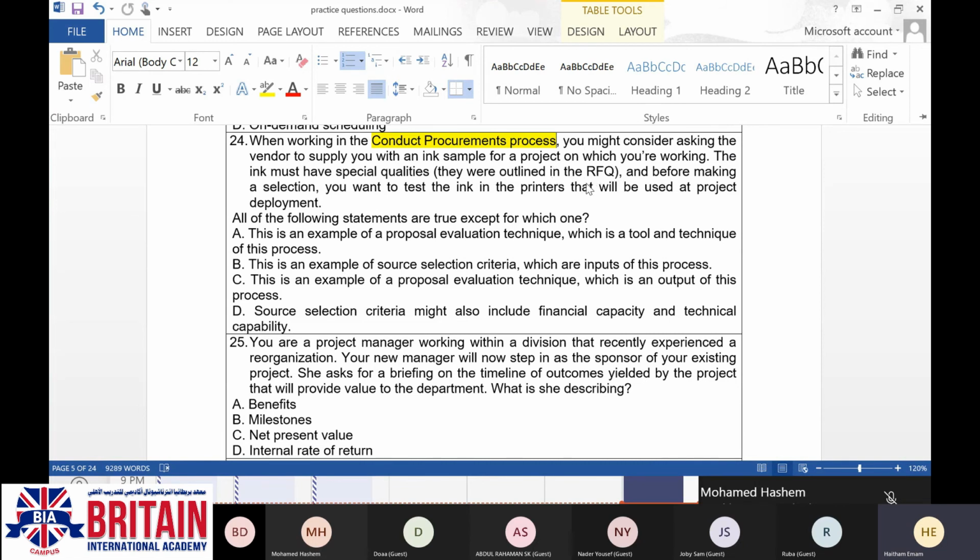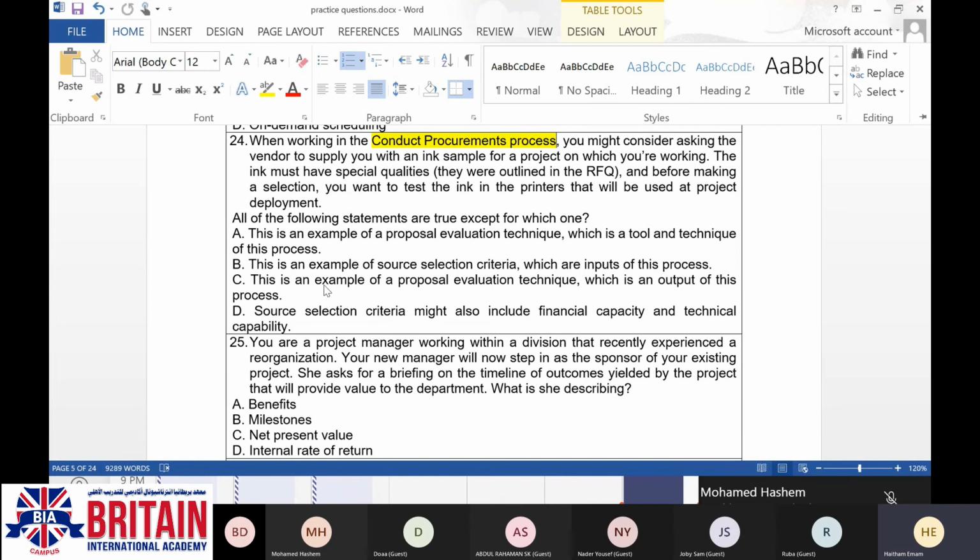The RFQ is going to be created where? The input. The RFQ is going to be created in plan procurement. Yes. Okay, and before making a selection, you want to test the ink in the printers that will be used at project deployment. All of the following statements are true except for which one?